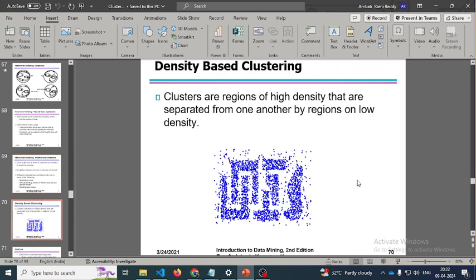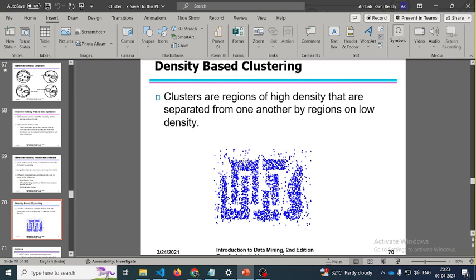So that's why we are going for another clustering technique, that is density based clustering. Here the clusters are regions of high density that are separated from one another by regions of low density. You observe, these are your data points. Can you say which one is low density or which one is high density?